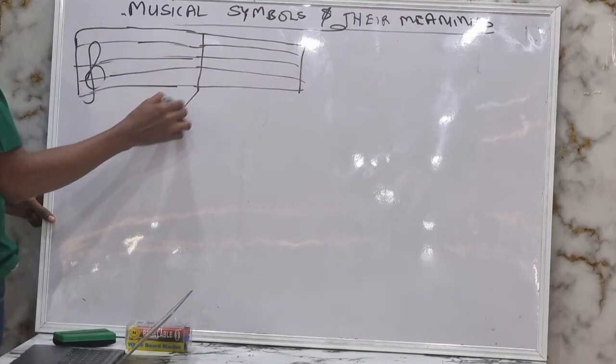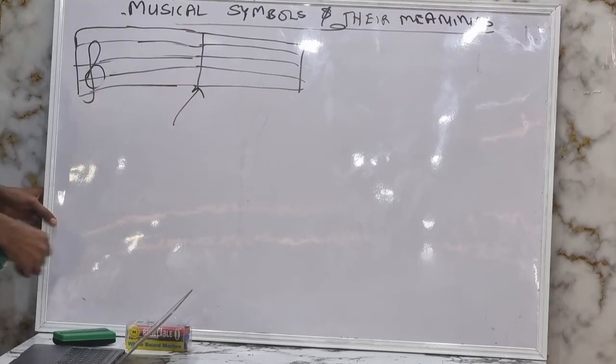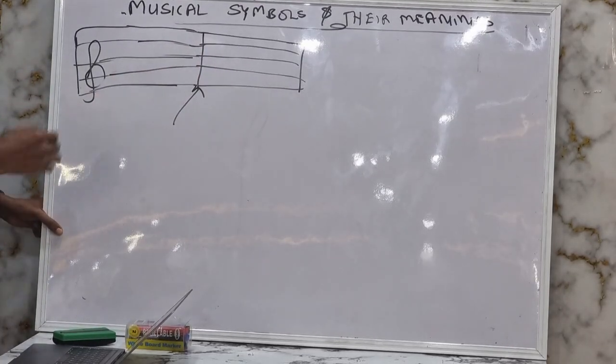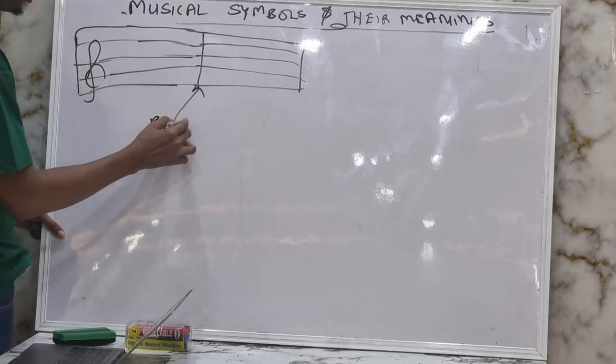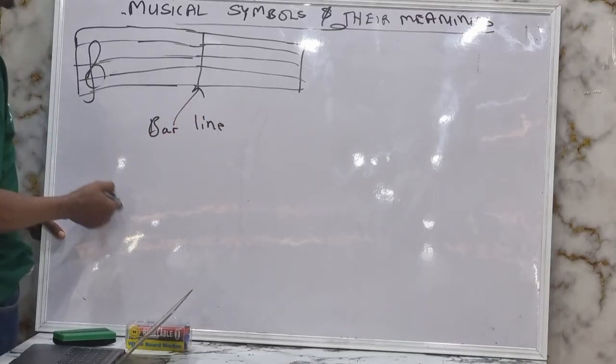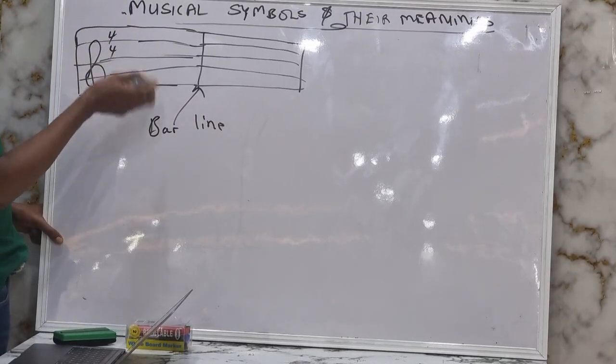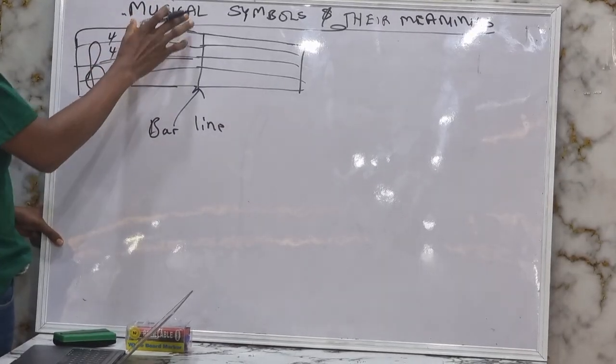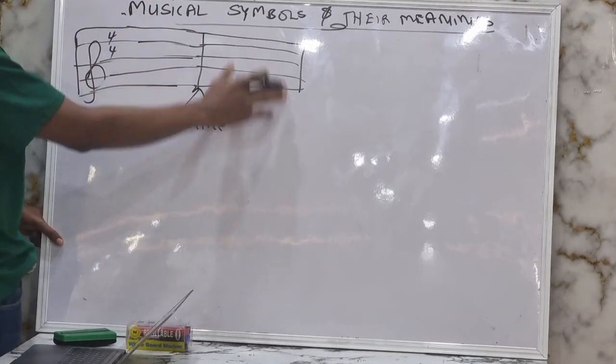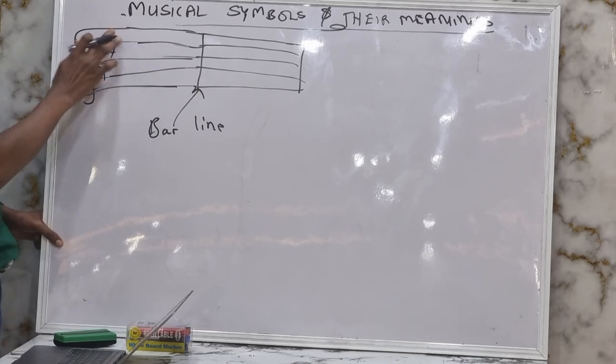What do we call this line? Bar line. If for instance they say the song has 4/4, it means that you must have four beats here, four beats. So it's a bar line.